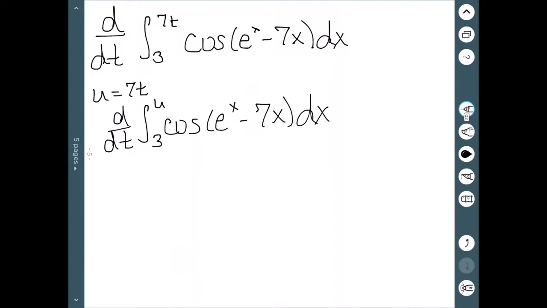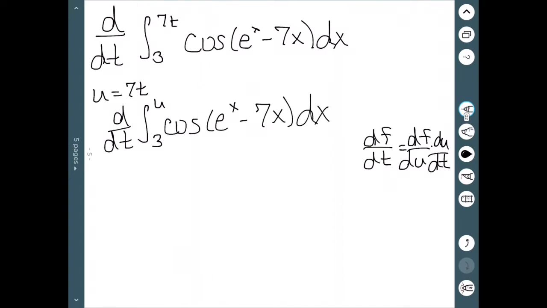However, if we call this original function f, our chain rule actually says the derivative of f of t would be the derivative of f with respect to u times du dt.